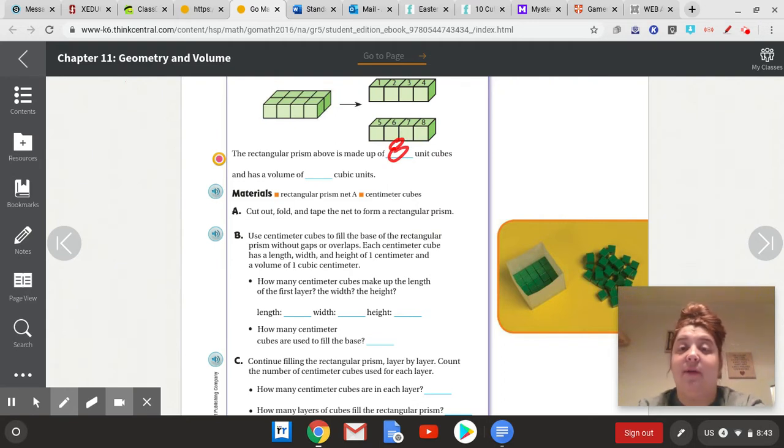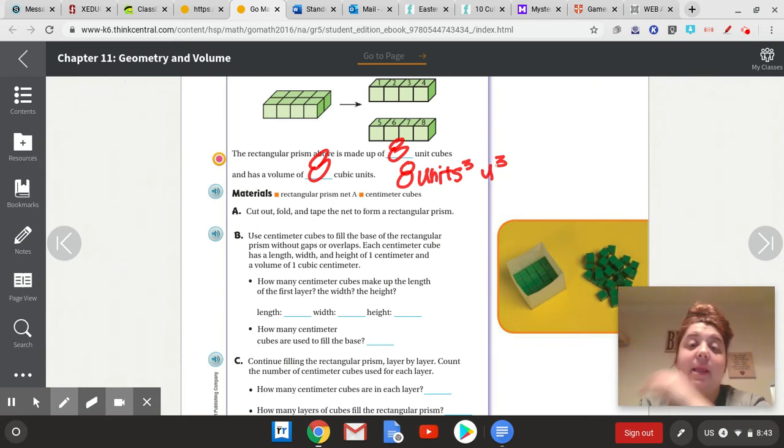They split them up for you there so you could count them. 8 unit cubes. So that means it has a volume of 8 cubic units. If you were to write that, like I said, you could write it as 8 units cubed or unit cubed, either way. But either way, you have to write it as cubic units.